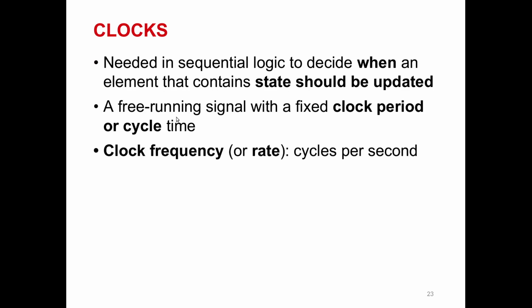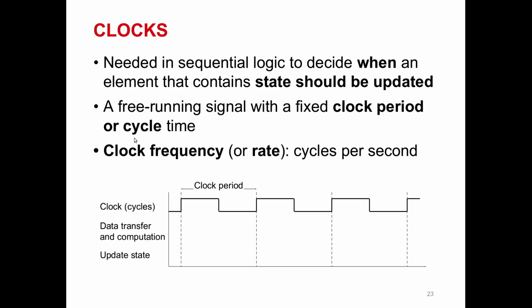And here we have the clock. We have the clock period, or cycle time, and from here you can see it runs in a way like this. From here to here is one clock period. We also have the clock frequency, which is the number of cycles per second for our clock.